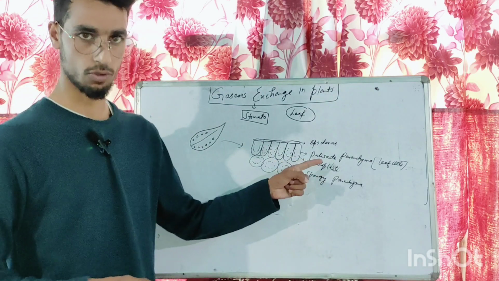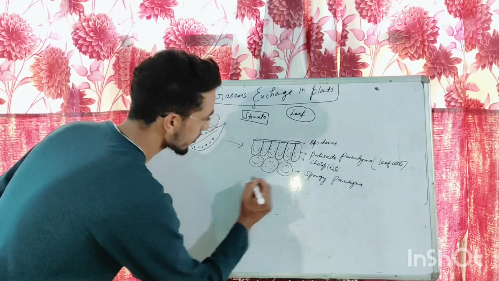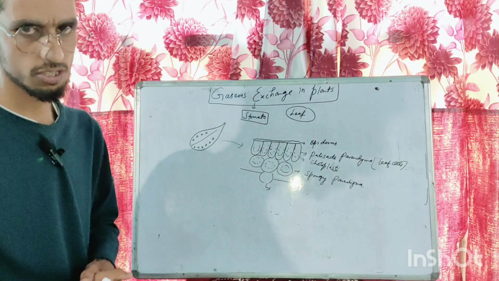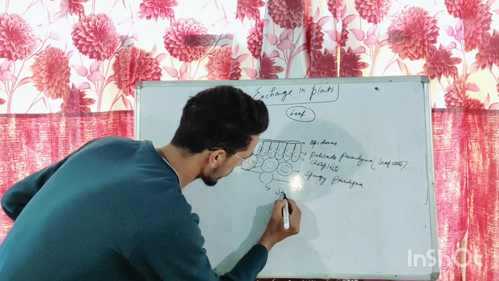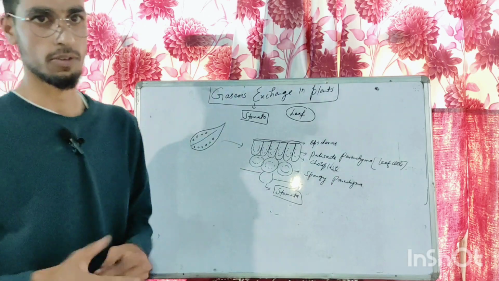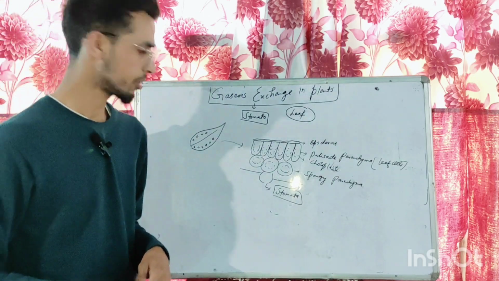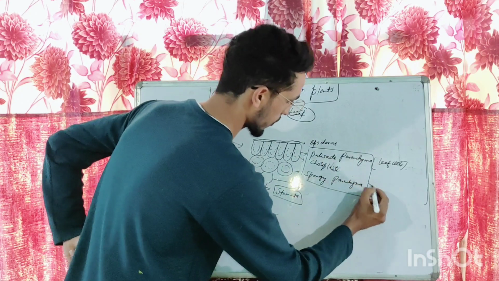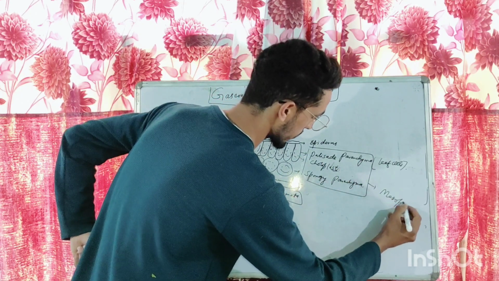This is the main component in photosynthesis. Below the spongy parenchyma, there is a structure called stomata, where exchange of gases takes place. Palisade parenchyma and spongy parenchyma are collectively called mesophyll cells.